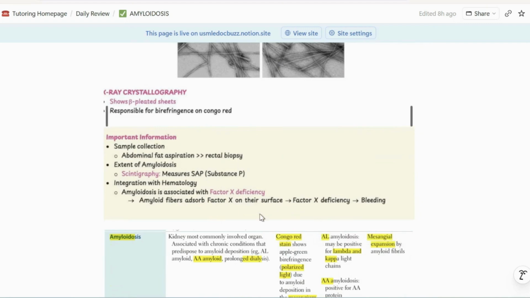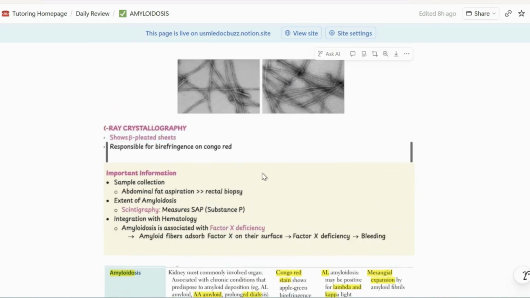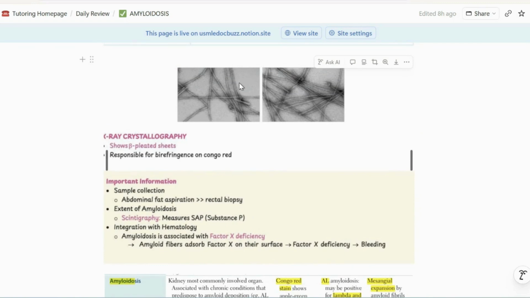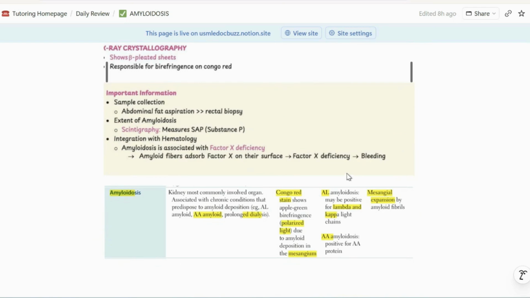Another finding between hematology and amyloidosis is that amyloid fibers adsorb, which means on the surface they bind to factor 10, leading to circulatory factor 10 deficiency. This means you cannot make your clotting proteins, your clots, and eventually the bleeding starts to occur.